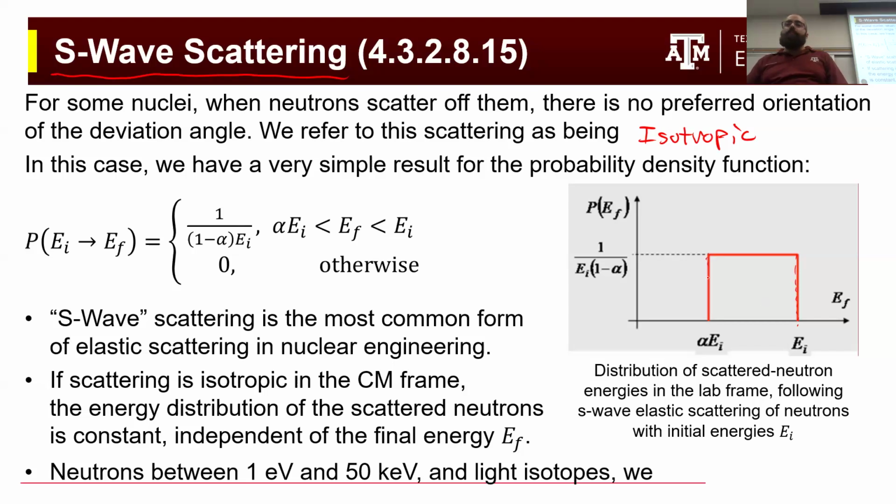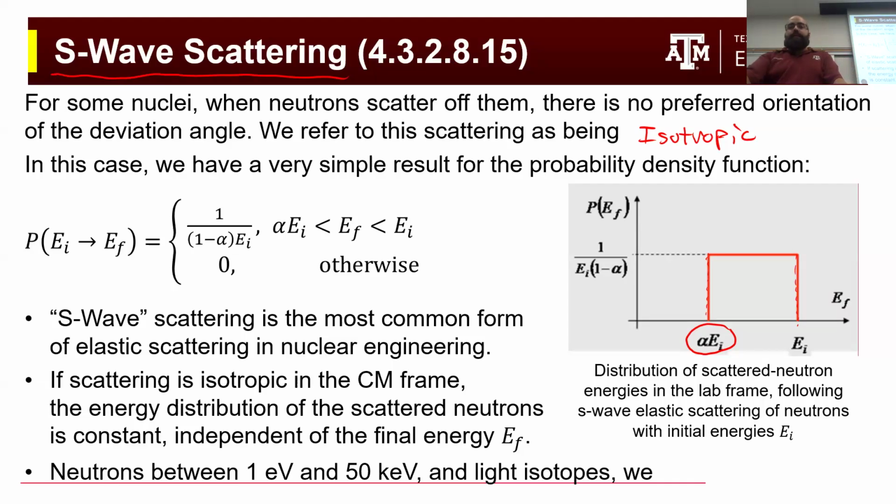We said that there would be some minimum energy below which we wouldn't find neutron scattering with any lower energy than that. And now we have shown that that is equal to alpha times EI from our talk about scattering in the center of mass frame. And this is the most common form of scattering that we have in nuclear engineering.